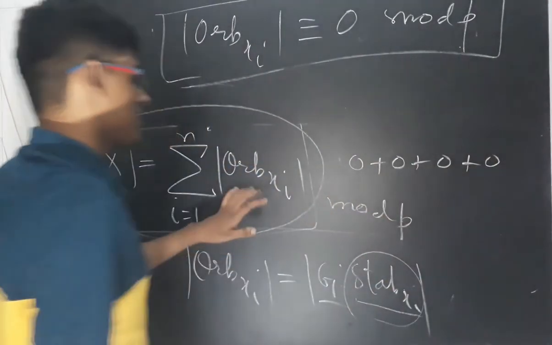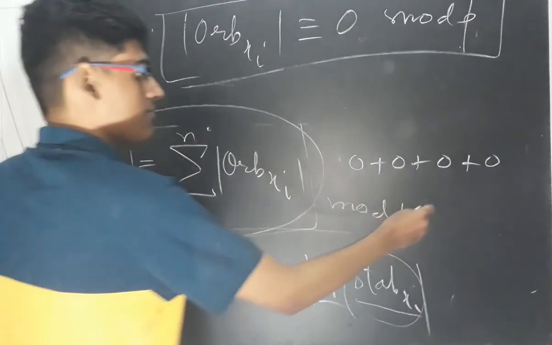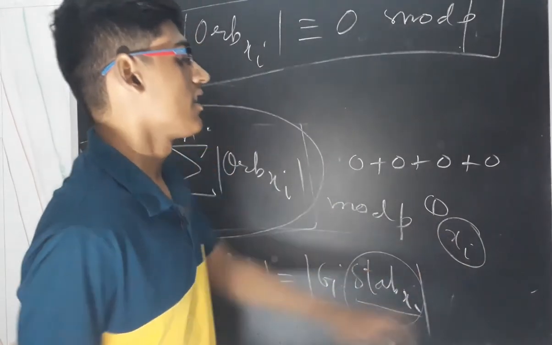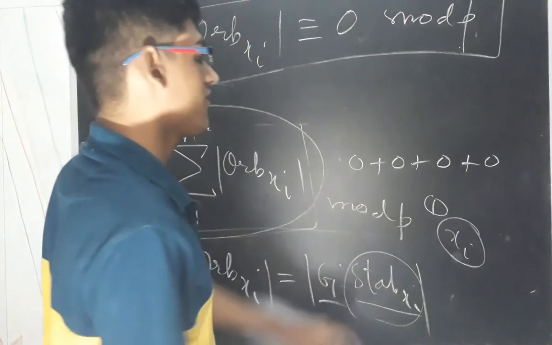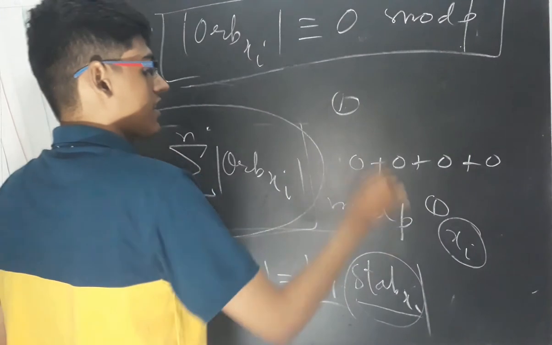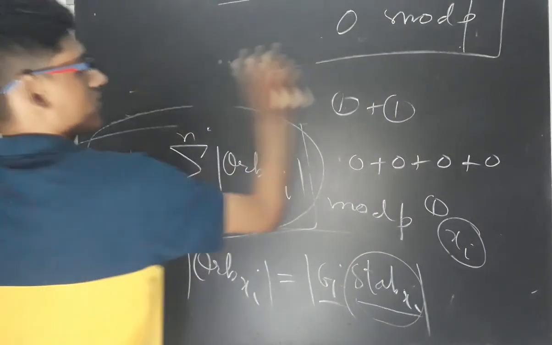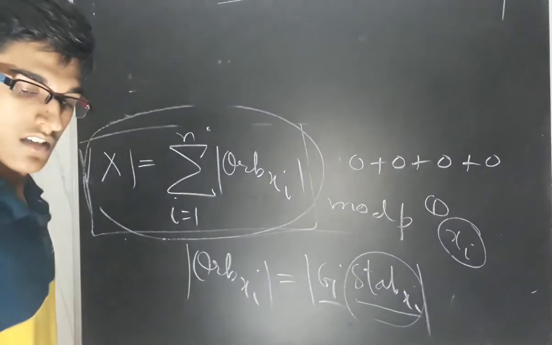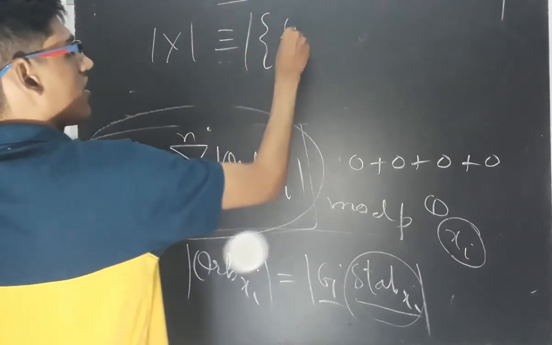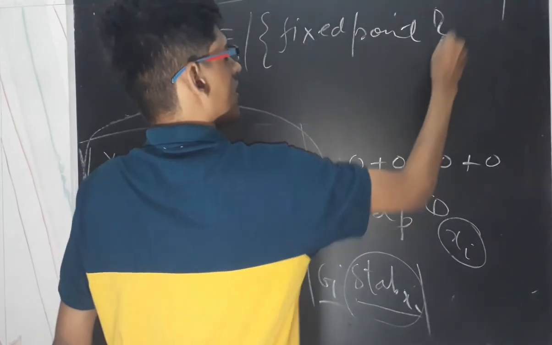But in the case when the stabilizer is equal to the group, it will remain 1 for each representative xi. That is, xi is a fixed point, so it will leave 1 for every fixed point. If x1 is a fixed point, it will leave 1; if x2 is, it will again leave 1. From here you can say that the order of the set X is congruent to the order of the set of fixed points mod p.